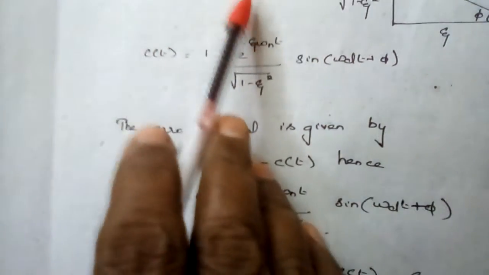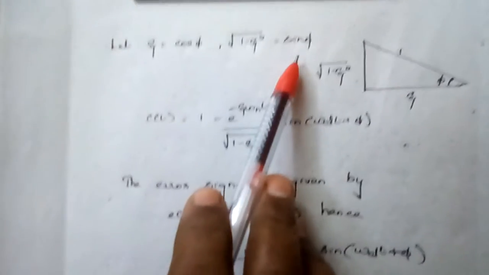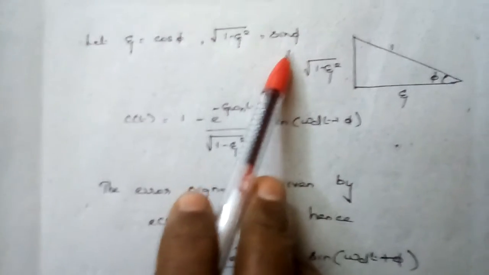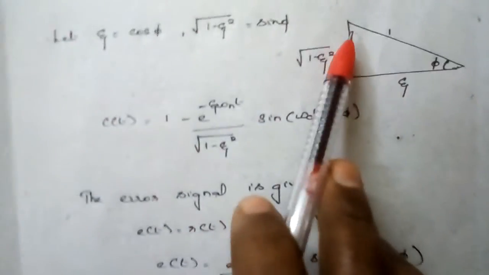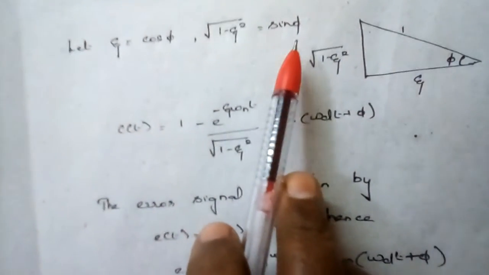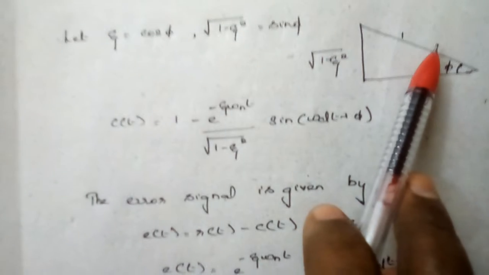And instead of root of 1 minus zeta square, I am considering this as sin phi. That means I have taken this from the right angle triangle. Sine is nothing but opposite divided by the hypotenuse.